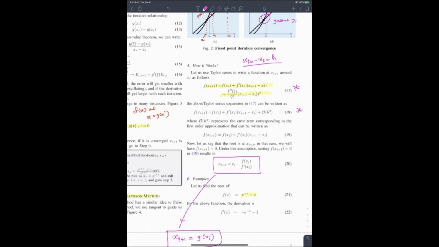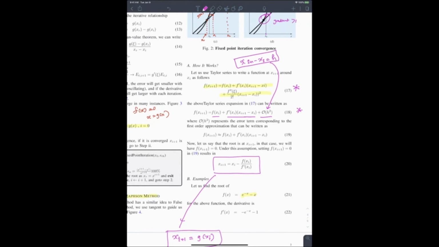Using that, we also reviewed at the end of the Taylor series that f(x_{i+1}) can be written as f(x_i) plus f'(x_i) times (x_{i+1} - x_i) plus order of h squared. Why order of h squared? I should have introduced this here, because h is x_{i+1} - x_i.